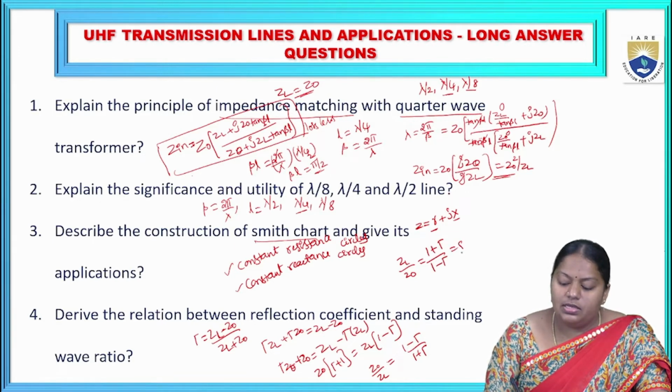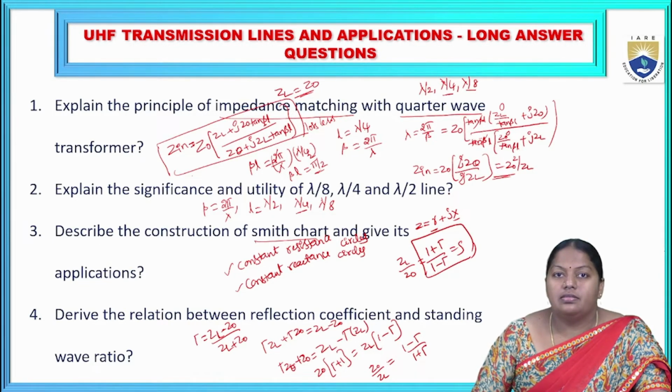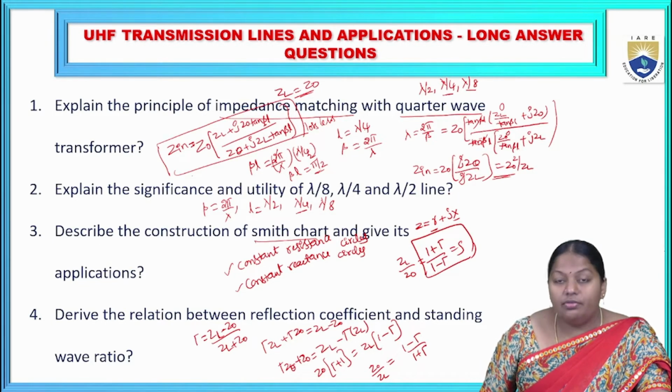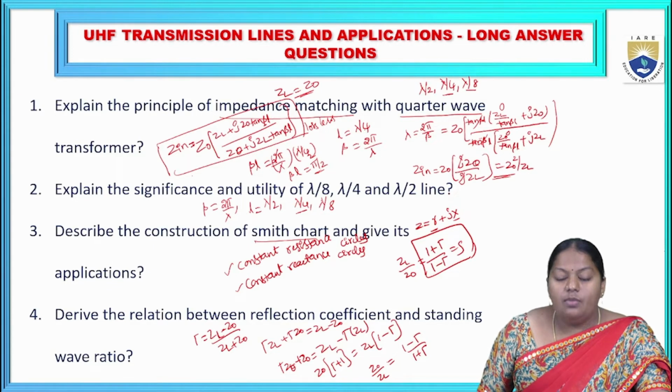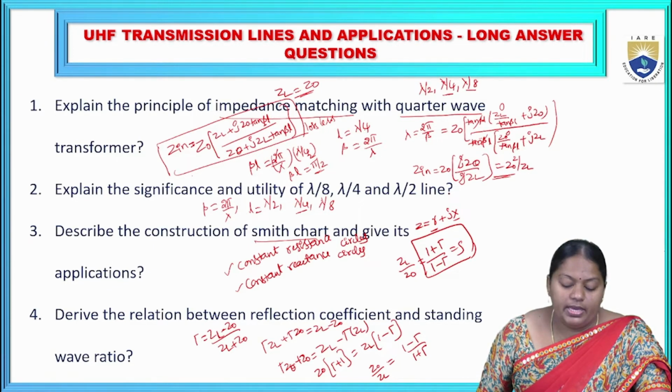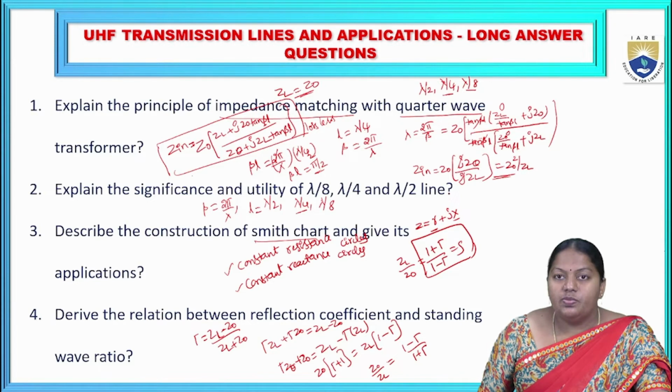This is the standing wave ratio, represented with S. The relation between reflection coefficient gamma and standing wave ratio S: gamma equals ZL minus Z0 by ZL plus Z0, and the reflection coefficient in terms of standing wave ratio is given by S minus 1 by S plus 1.